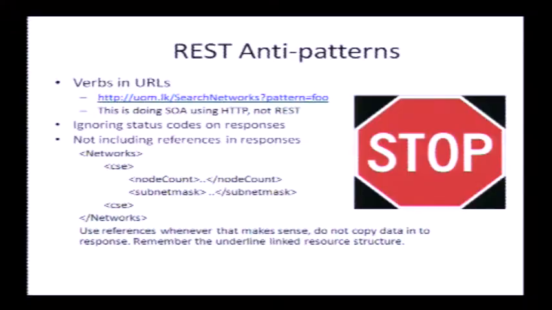If you do REST, you have to be very careful with the status codes, because unlike SOA, here the status codes really drive the execution. And usually, when you return responses, you use references rather than putting the data in. So if you are returning the list of networks, you shouldn't embed all the data in the results.